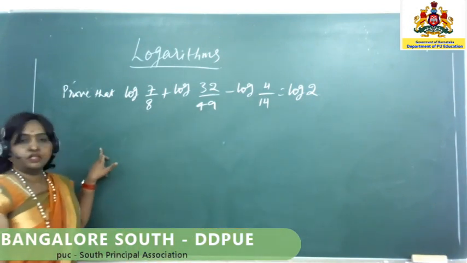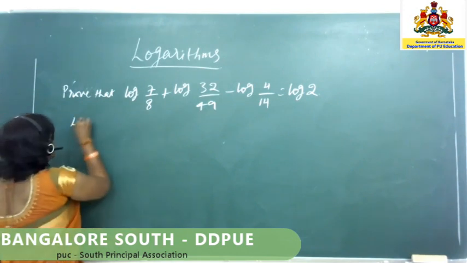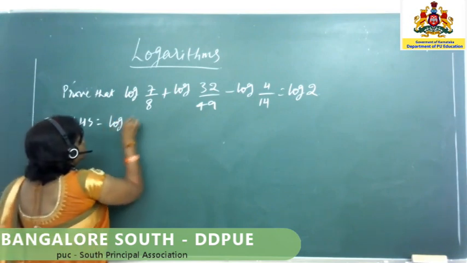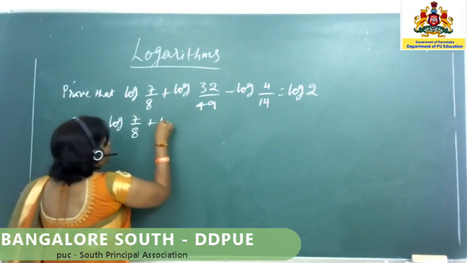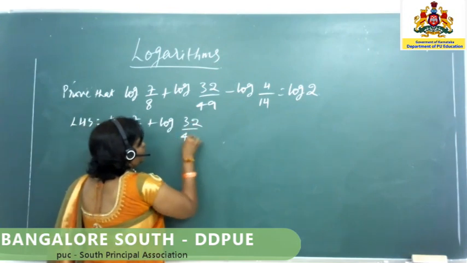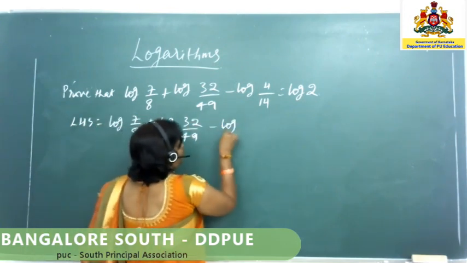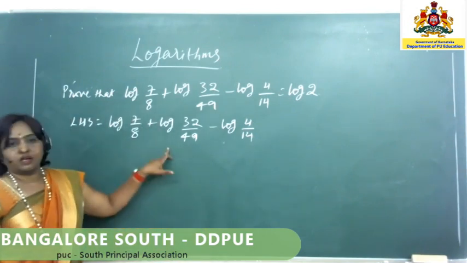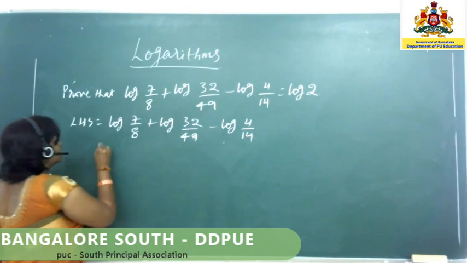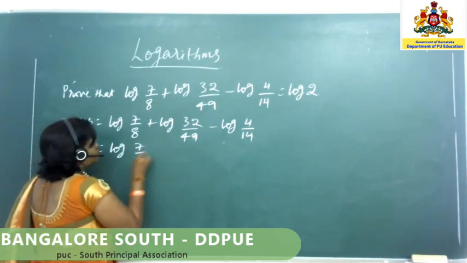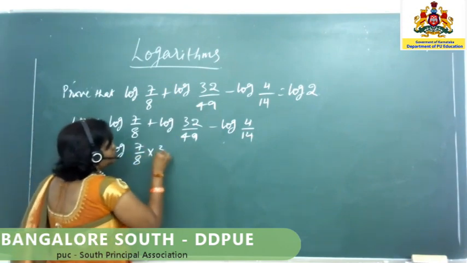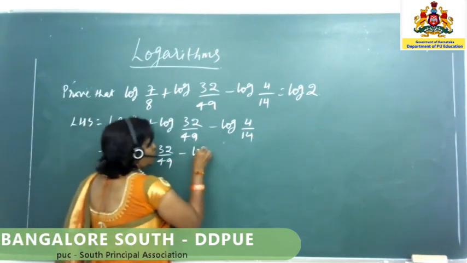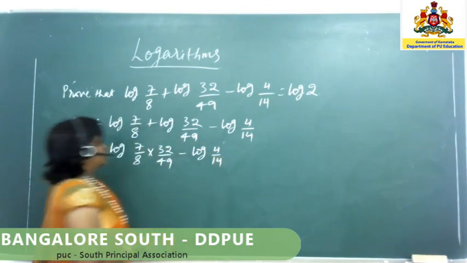Here, consider LHS. The left hand side is equal to log 7 by 8 plus log 32 by 49 minus log 4 by 14. You know that log m plus log n is log mn. So this is equal to log 7 by 8 into 32 by 49 minus log 4 by 14.